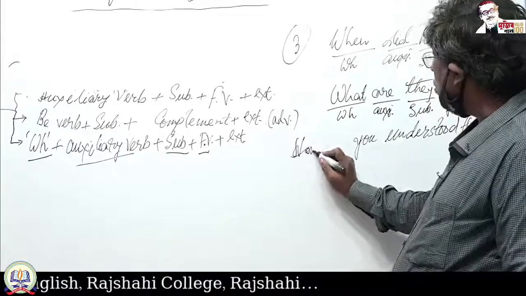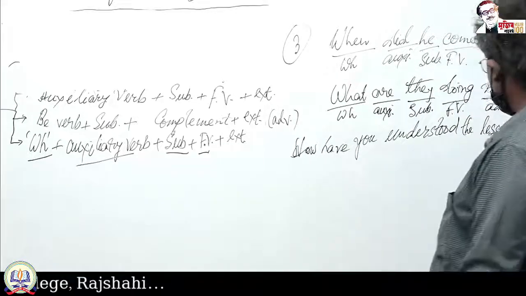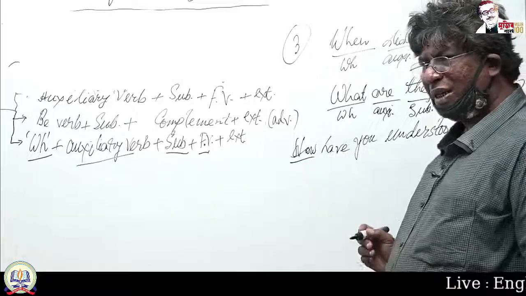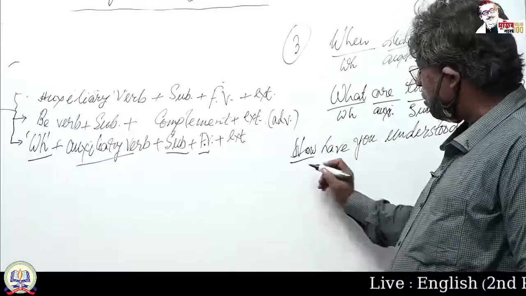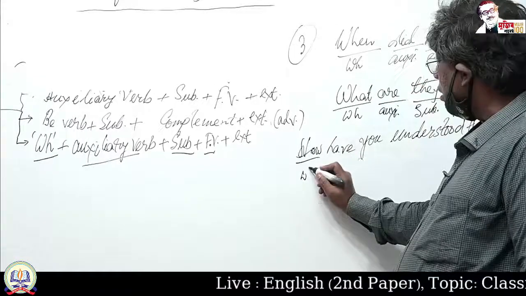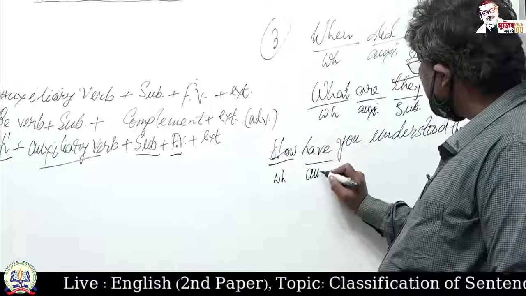How have you understood the lesson? Here, how is considered a WH when it is used in a sentence. Have is the auxiliary verb.